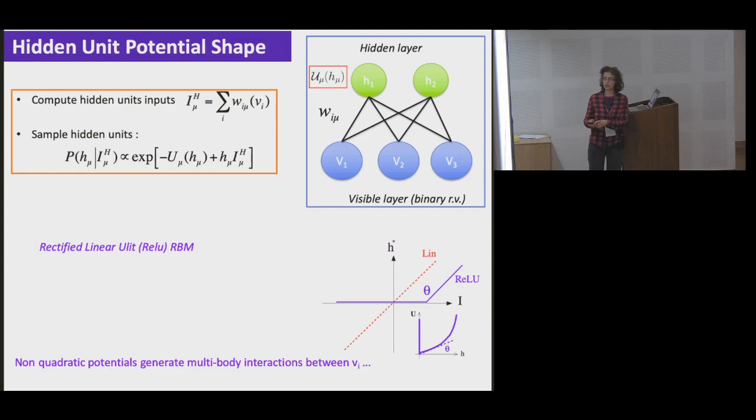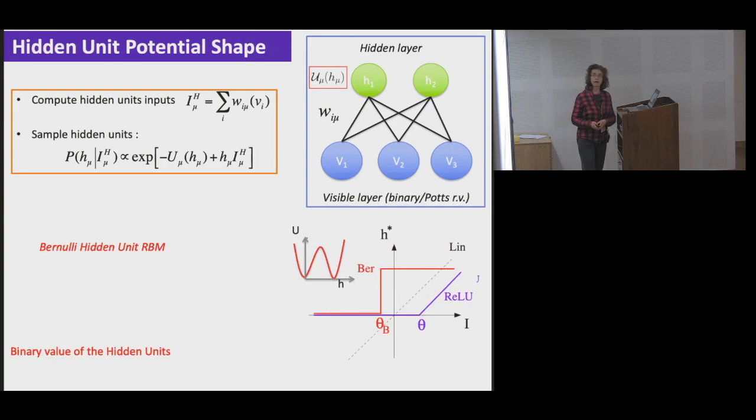This potential corresponds to a potential which at the beginning is linear with a slope theta, and then is quadratic. This is interesting because it generates a lot of effective multi-body interaction between the visible units when you do the integration over the hidden unit variable configuration.